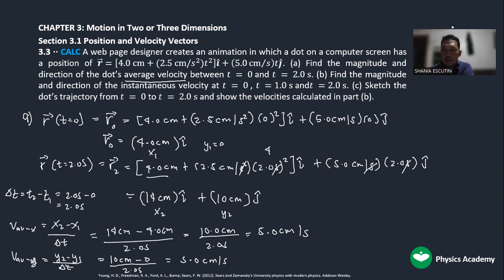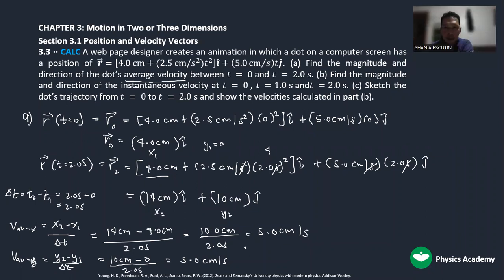So now we have the x and y components, so we can determine the magnitude and direction of the average velocity between that interval. First we need to determine the magnitude, so let's have a graph first. This is our x and y graph.